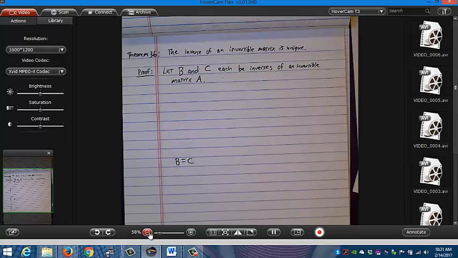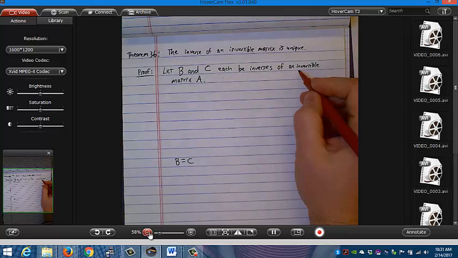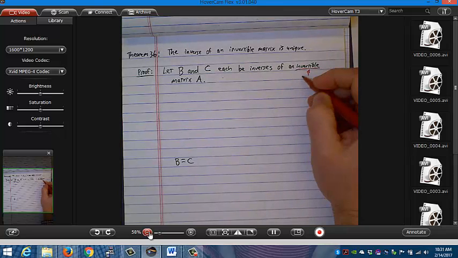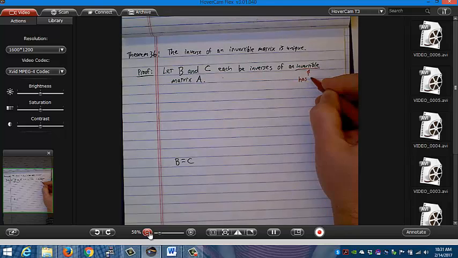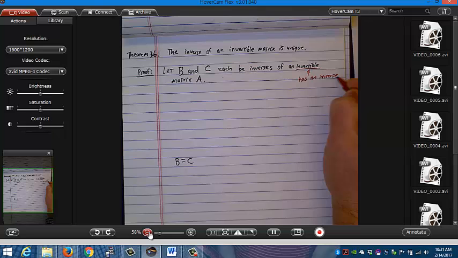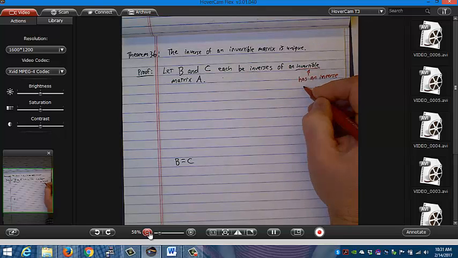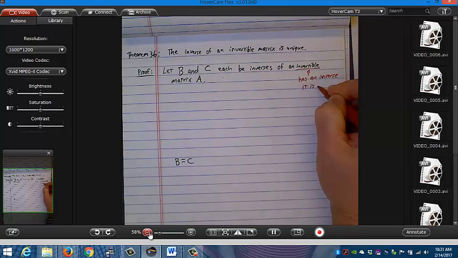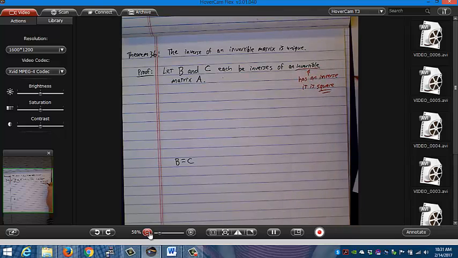By the way, maybe one more thing to say about it. When I say invertible, yes, it has an inverse. Maybe the other thing to say is that it is square, right?